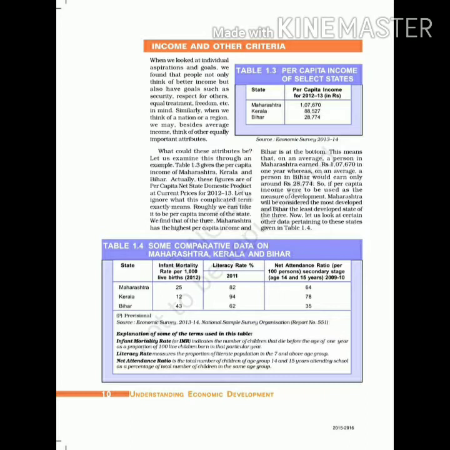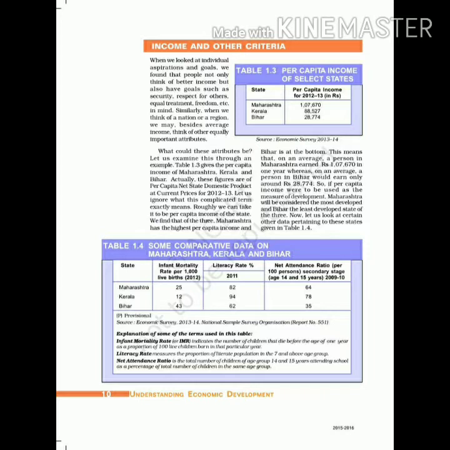Haryana in 2015-16 per capita income was 1,62,034, and in Kerala it was 1,40,190, and followed by Bihar, that is 31,454.